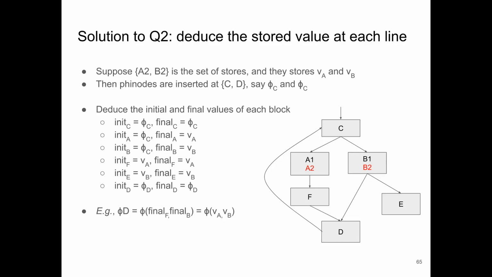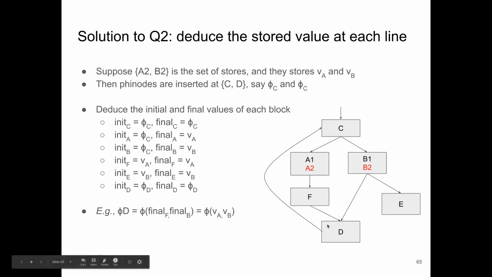And as a next step, we are going to see which value should be inserted in the phi. So let's say that this phi D, which is inserted at this block, has the value depending on the predecessor.